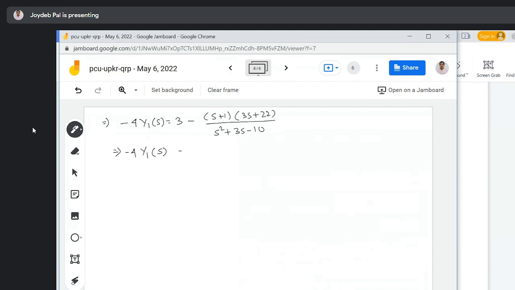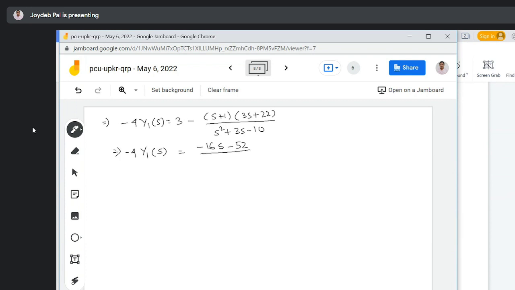Minus 4 into y1s, it will be what? 3 square 9s and 30, and 3 square cancel out 25. 25 is 9s, so minus 16 is, and it is 22, 30 minus 30 minus 22, तो क्या है -52.